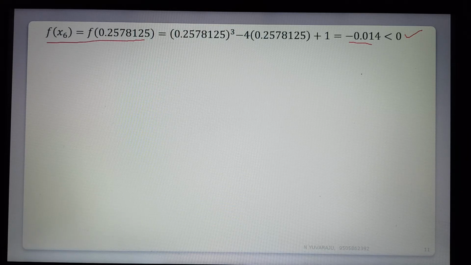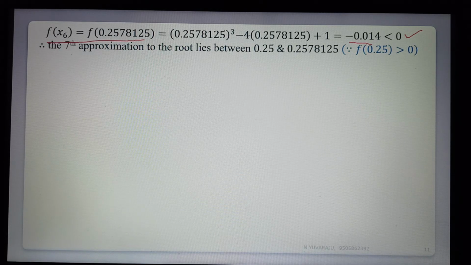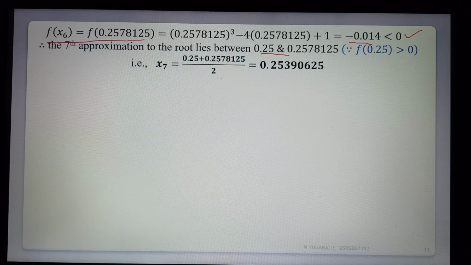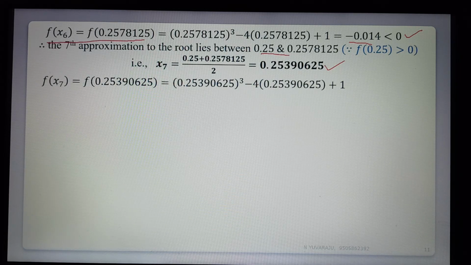Okay, the previous value is positive, f of 0.25 positive, and all the others are coming negative. So we have positive at the previous value f of 0.25, so between them the roots exist. The seventh approximation lies between 0.25 and 0.2578125. So that is the seventh approximation. Okay? So this is also substituting in the given equation. So f of x7 is equal to 0.00074.